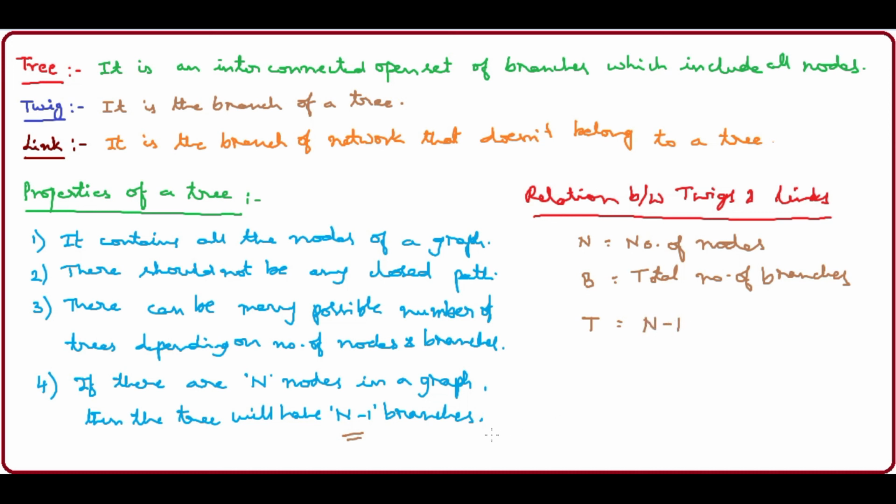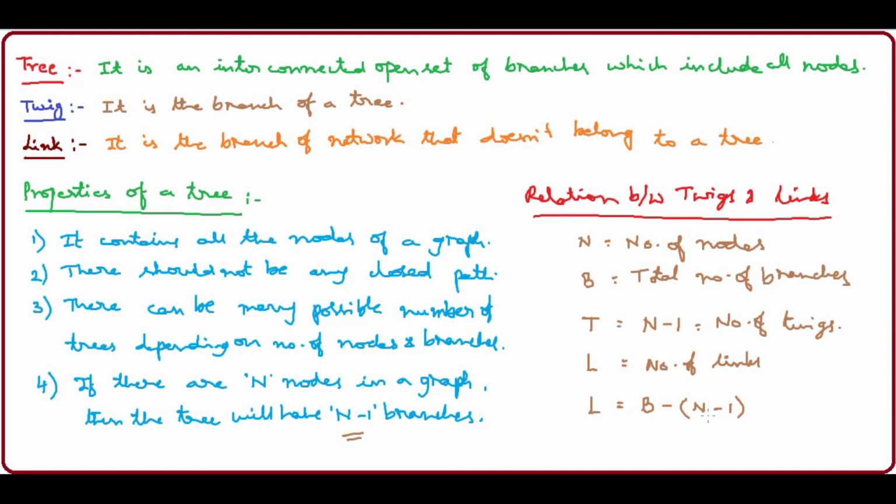And the number of links, capital L, means the removed branches from the graph to make a tree. So how can this be done? Capital L is equal to the total number of branches, capital B, minus the twigs.